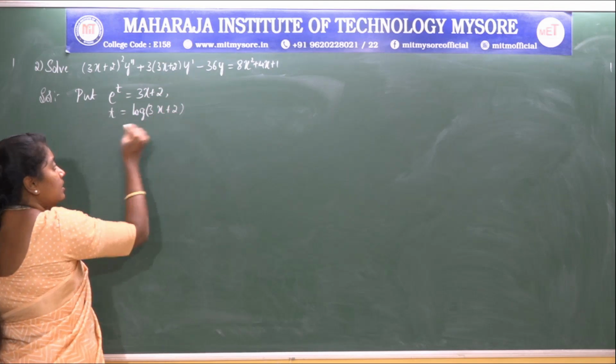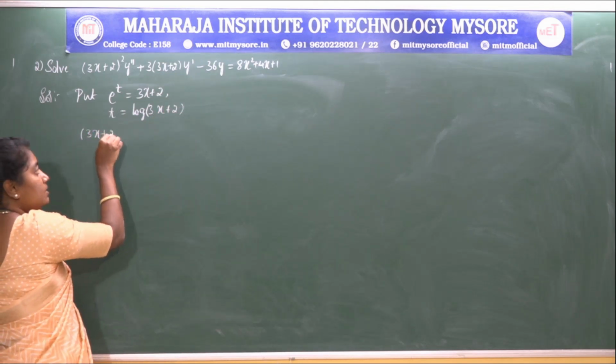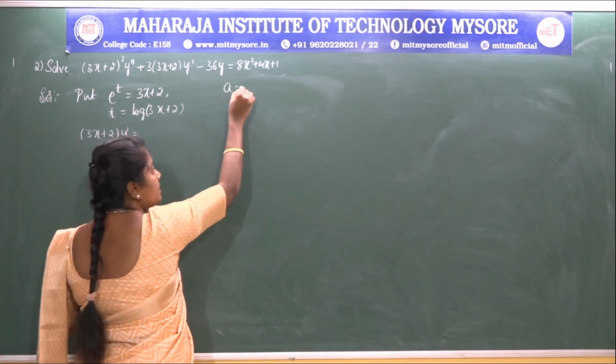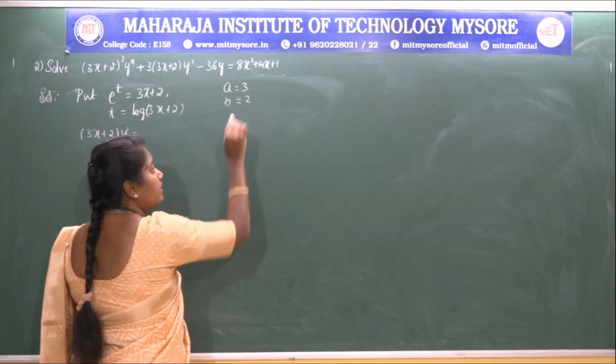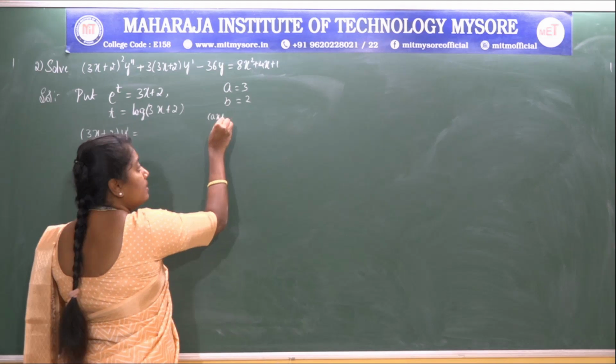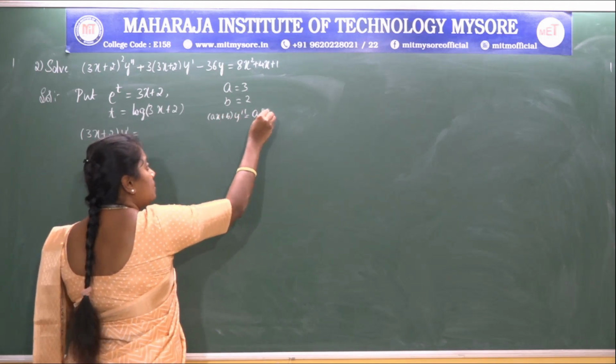According to this, the derivative values: here the value of a is equal to 3, b is equal to 2, and (ax plus b) into y dash is equal to a into dy.